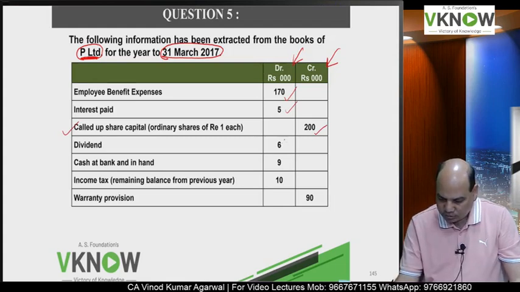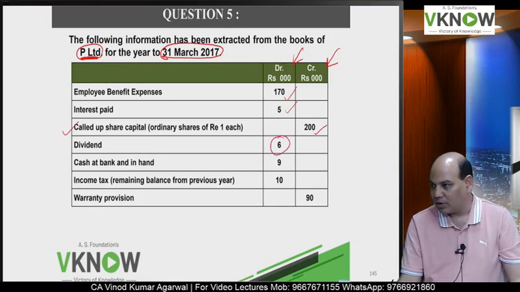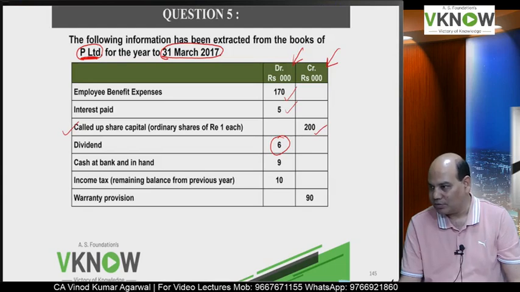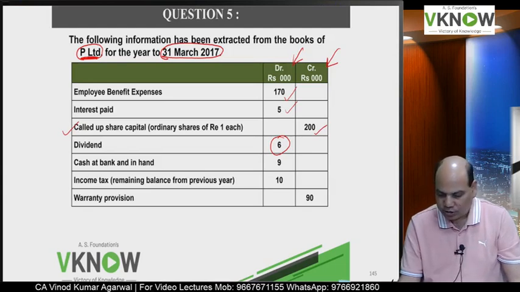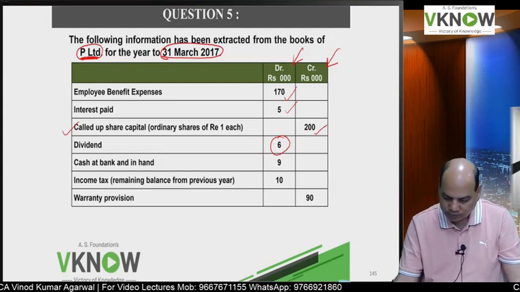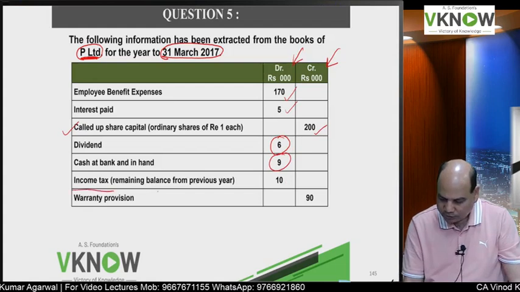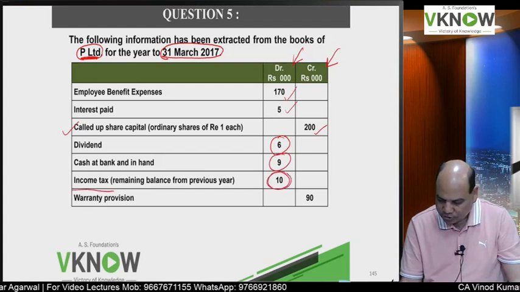Dividend is appearing in the debit column, which means dividend paid. Debit side means paid, credit side means received. SOCIE will deduct it from reserve, retained earning. Cash at bank will go to the balance sheet.